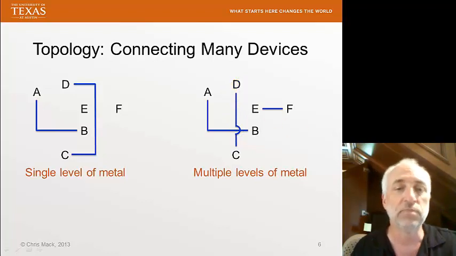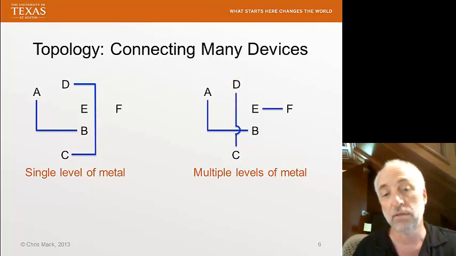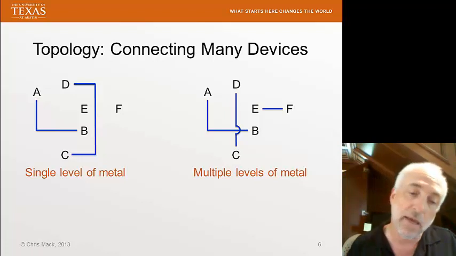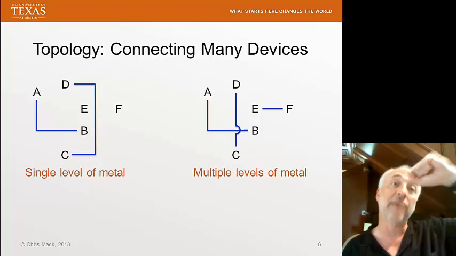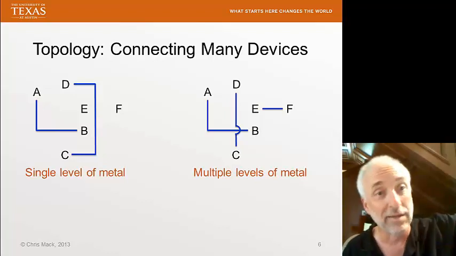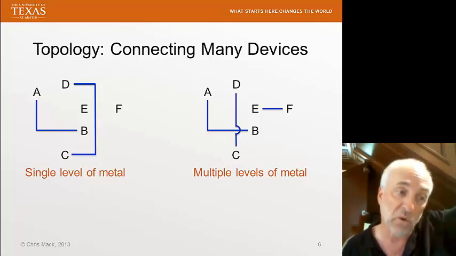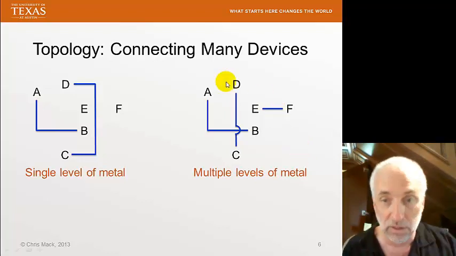You can imagine a wire that stopped, and then a metal wire that went vertically up, and then on another level I had another metal wire, and then a contact hole or via hole coming back down with that metal to make a connection.